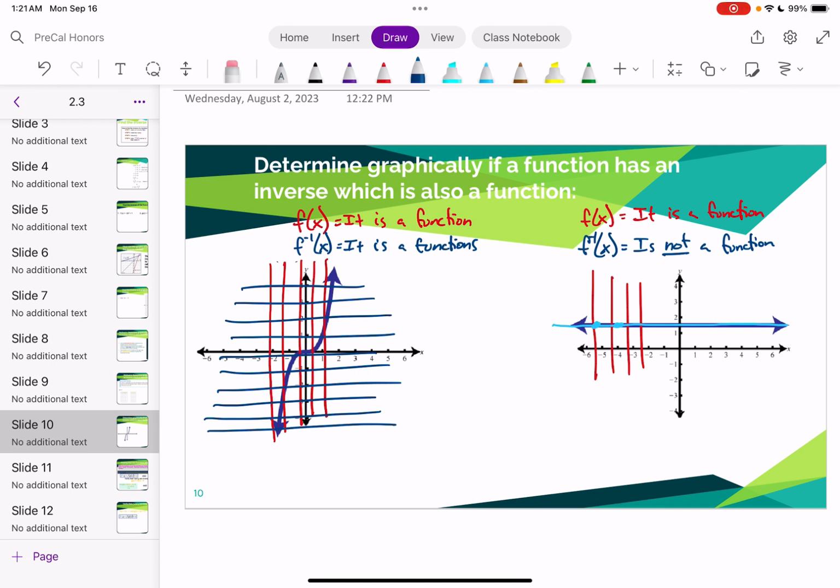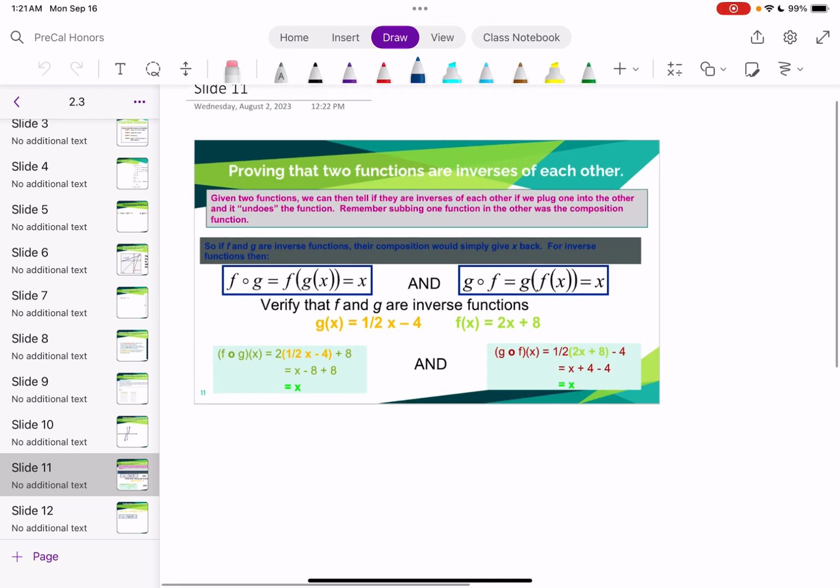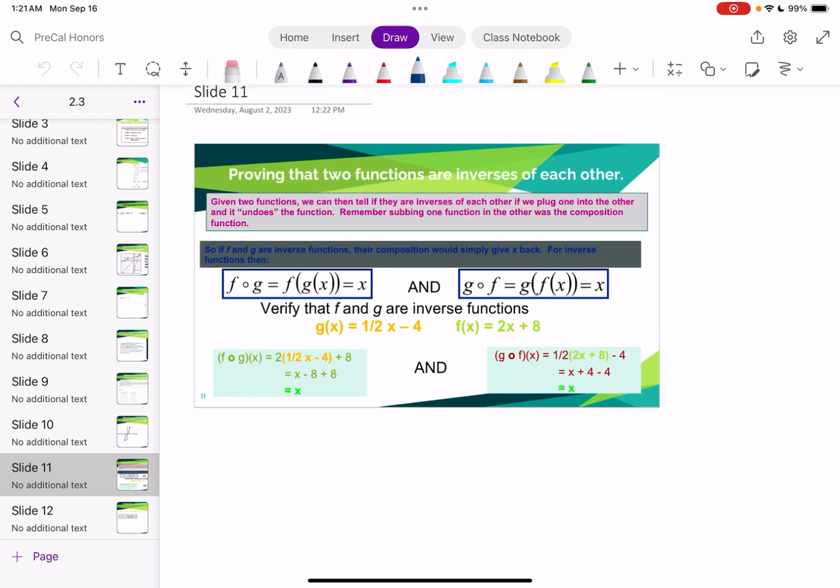Let's go ahead and take a look at slide 11. In slide 11, we have the ability to determine whether two functions are inverses of each other. Generally, we plug each function into the other function.